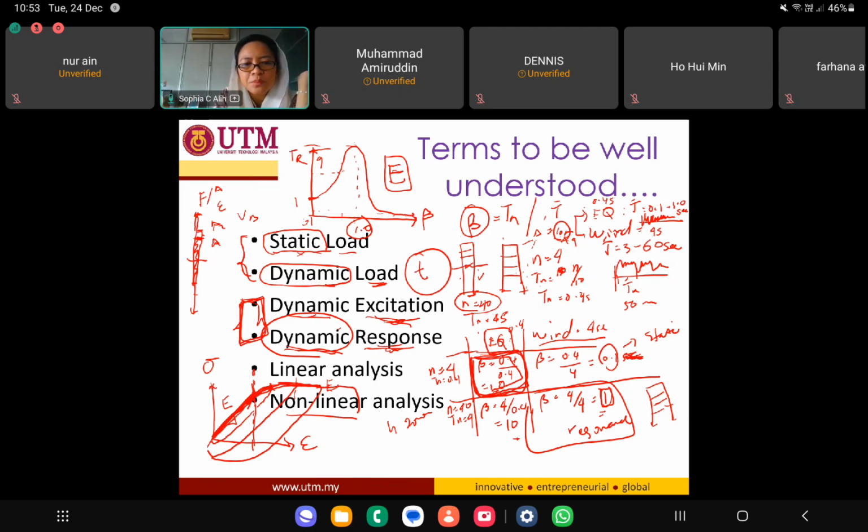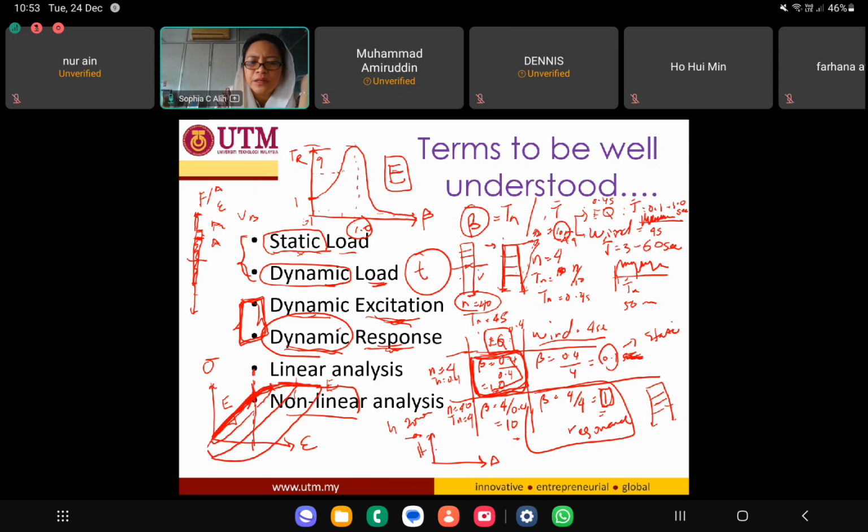Now let me have you picture this with a structure. I have my horizontal load and my displacement, and I plot displacement against horizontal load.